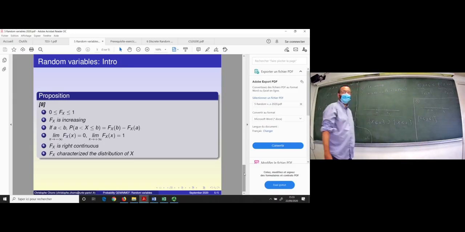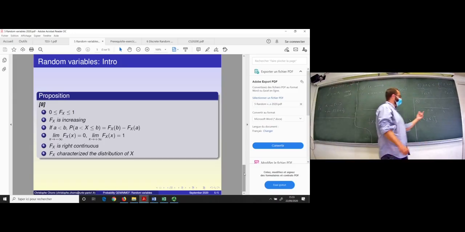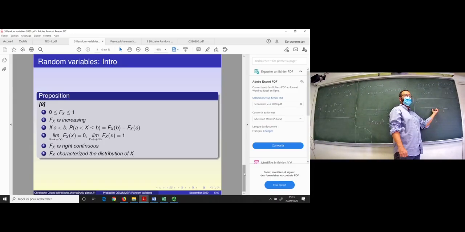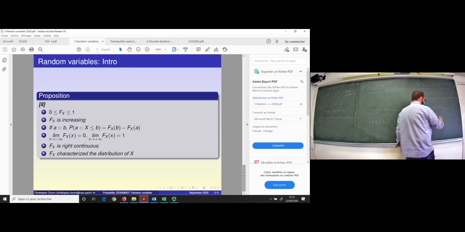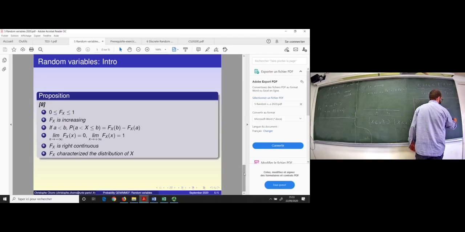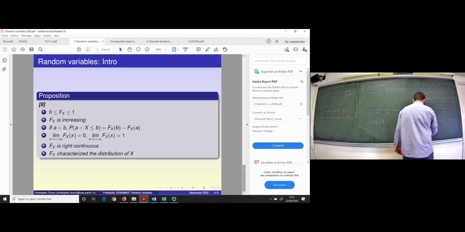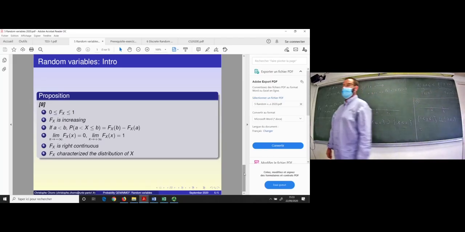If I take this set, the set where X is strictly greater than A and less than or equal to B, and I do the union with the set where X is less than or equal to A, what do you obtain? It's a disjoint union, in fact. What is this?